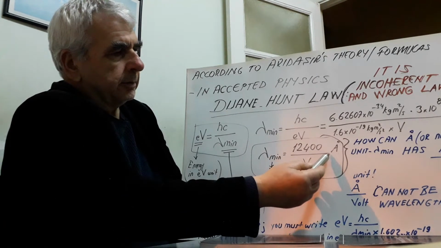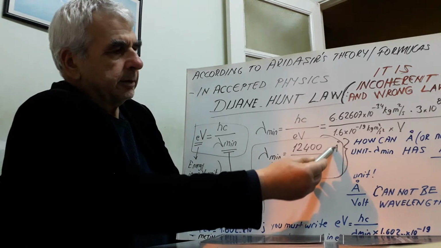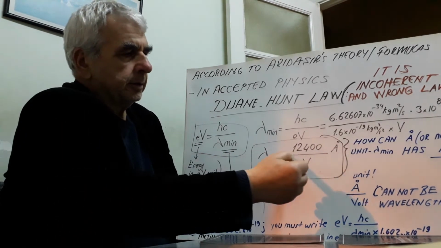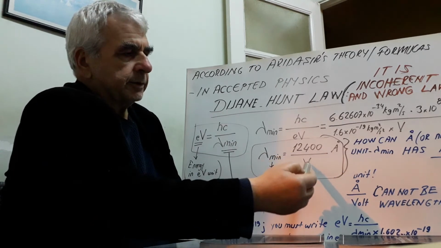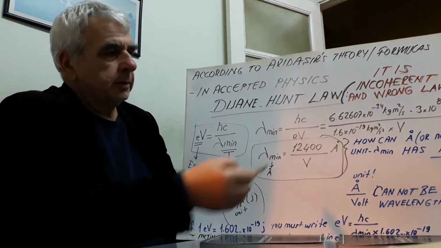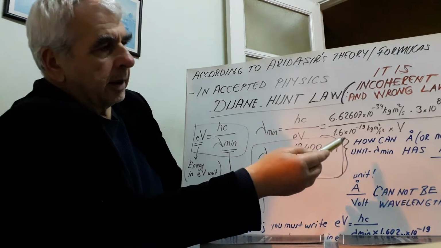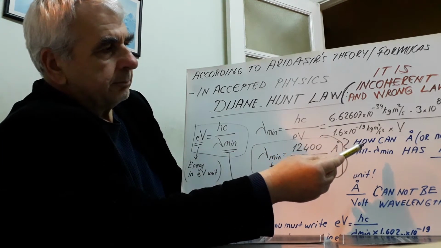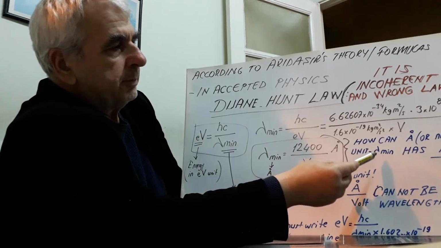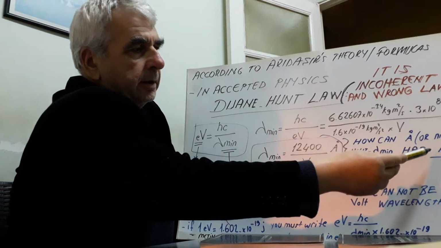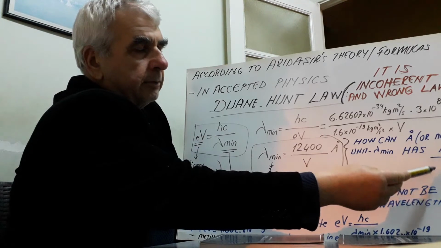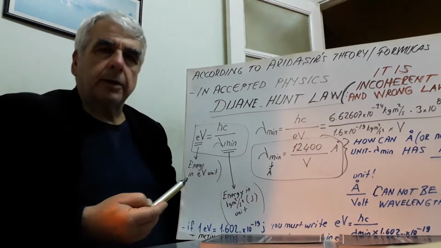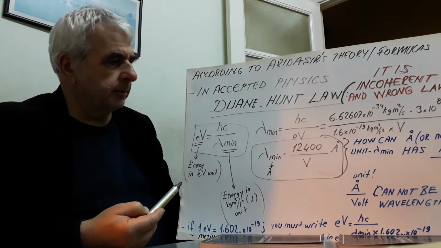Upside, angstrom, a wavelength unit; downside, voltage. How can lambda min, with the angstrom unit, have angstrom divided by voltage? It must be only angstrom, you see.